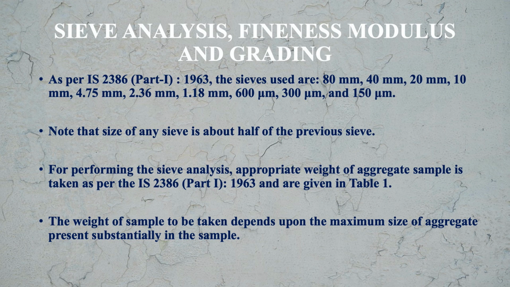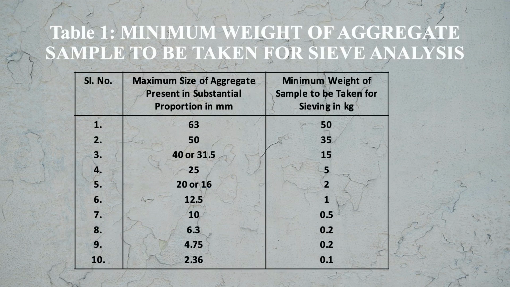For performing the sieve analysis, an appropriate weight of aggregate sample is taken as described by IS 2386 part 1 1963, and these are also given in Table 1. The weight of the sample to be taken depends upon the maximum size of the aggregate present substantially in the sample. Here you see this table. It gives the minimum weight of aggregate sample to be taken for sieve analysis.